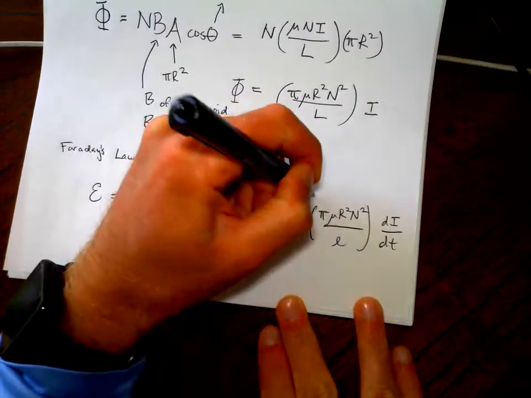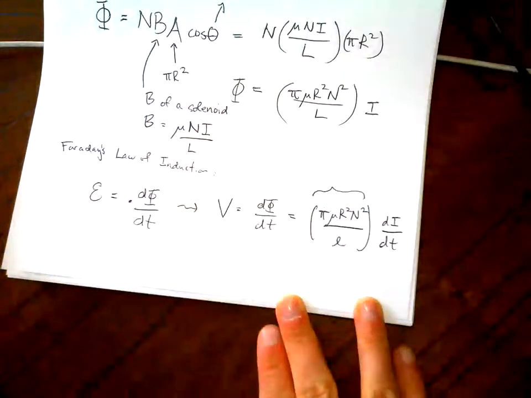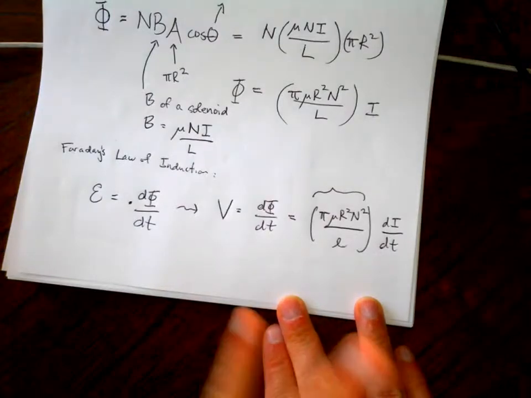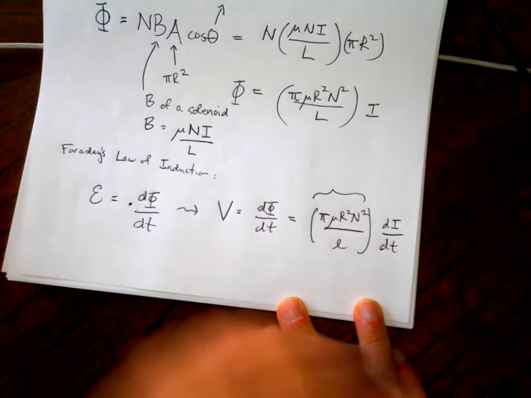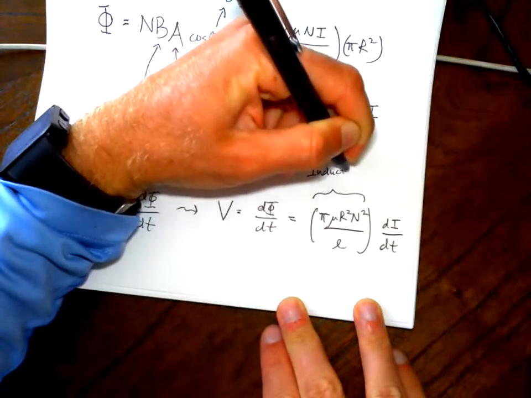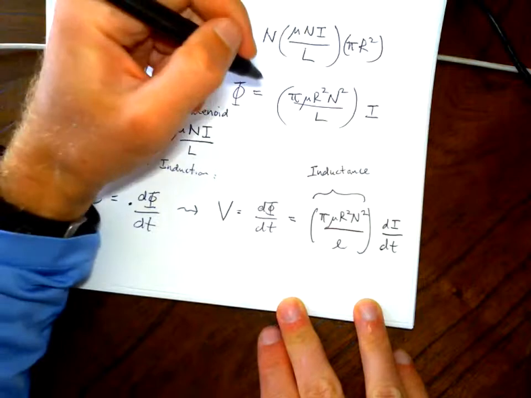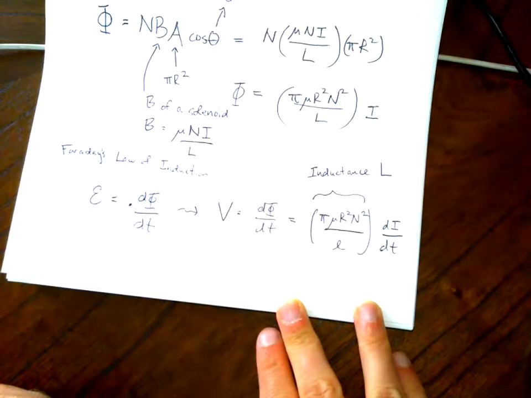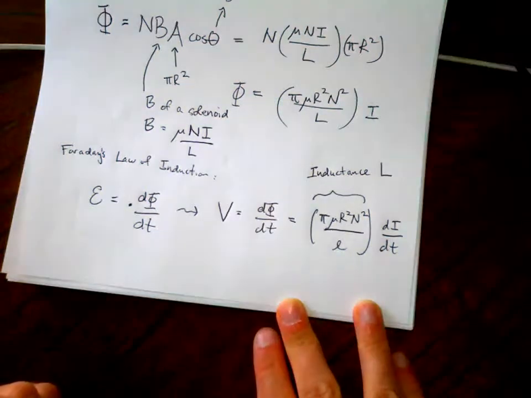So this constant, which I said once you construct the solenoid, it's fixed. Once you construct the inductor, all that stuff is fixed. This is called the inductance, which is denoted by capital L. So that's the inductance of the solenoid.